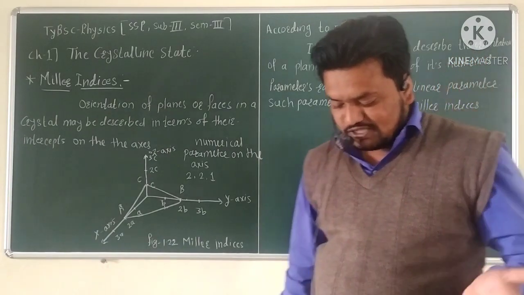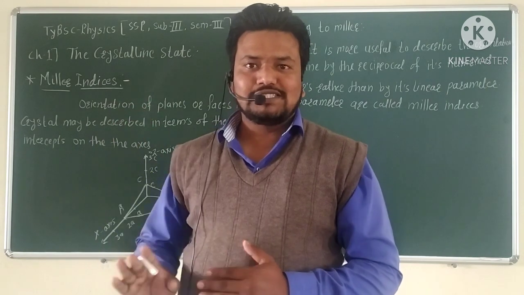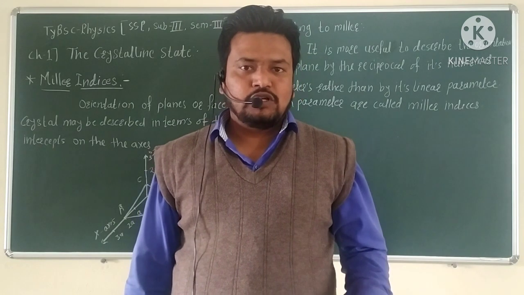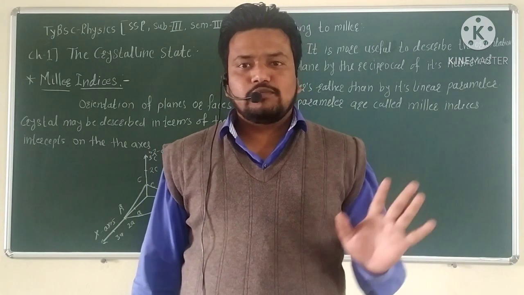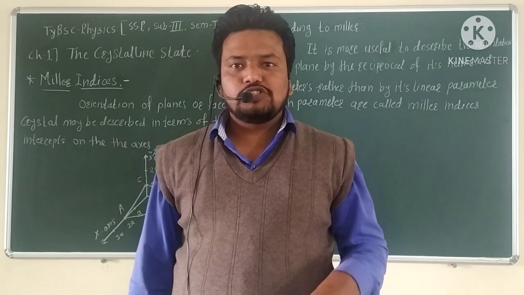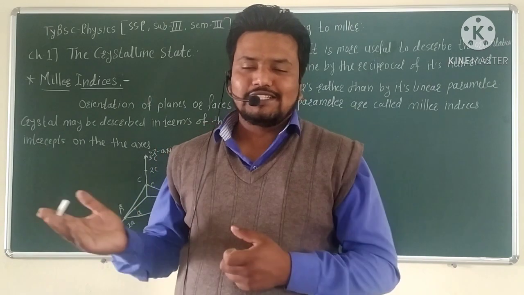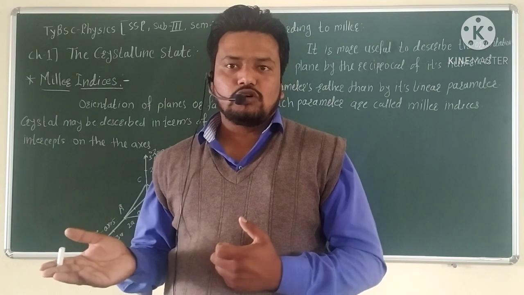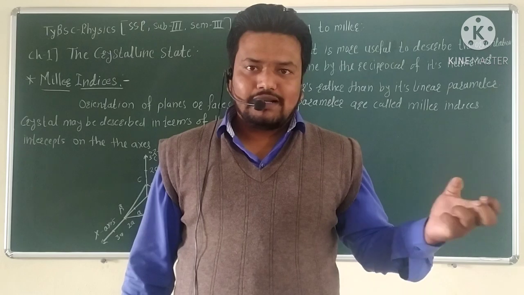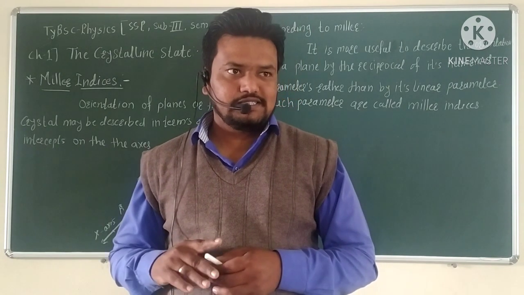What this means is that whatever numerical parameter on the axis of the face is given, for example 2, 2, 1, we take the reciprocal of this numerical parameter, and by multiplying by the common LCM, the least common multiple, whatever parameters are obtained, such parameters are called the Miller indices.